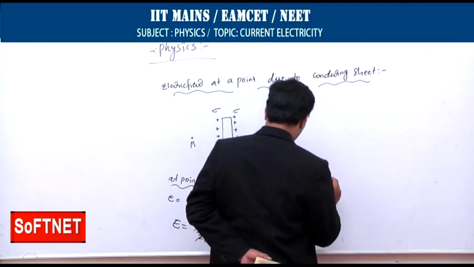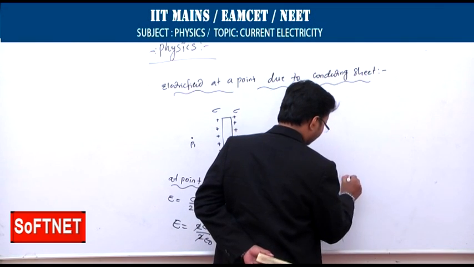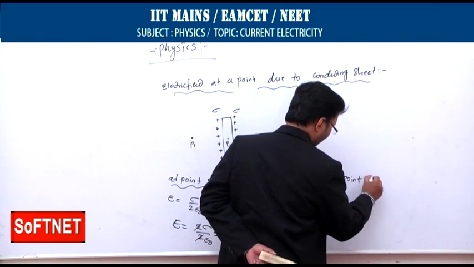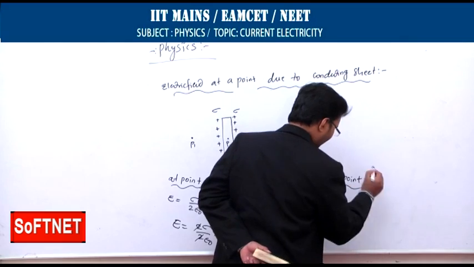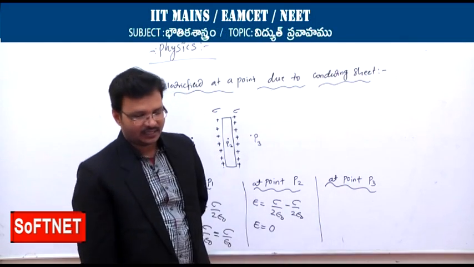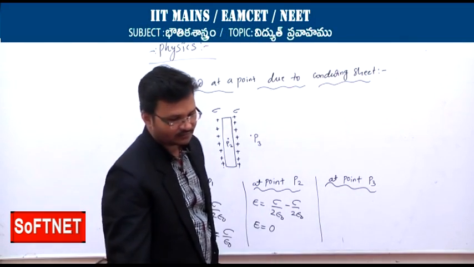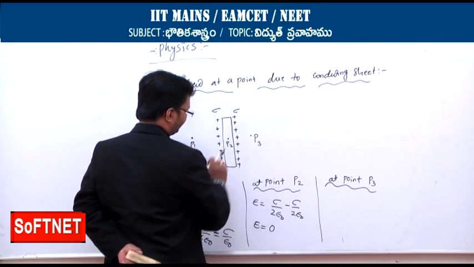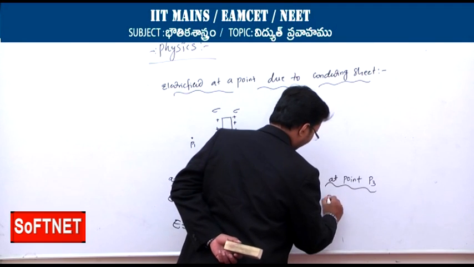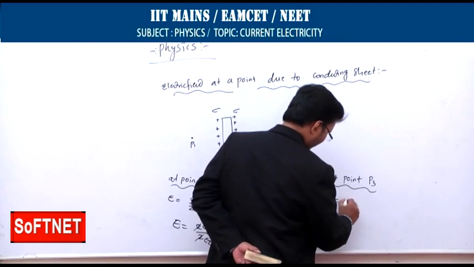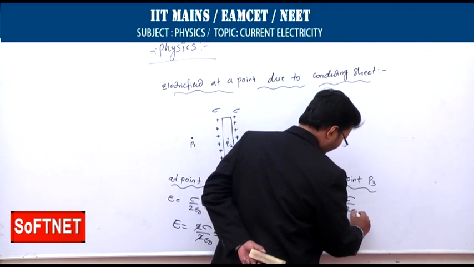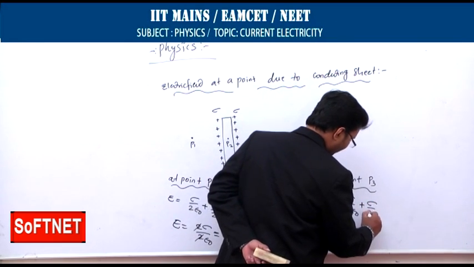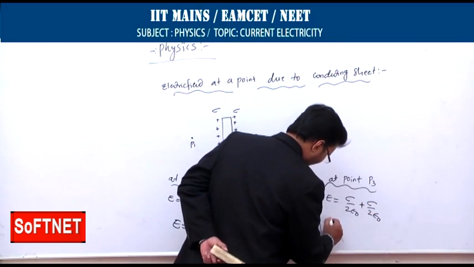And coming to point P3, point P3 is on the right side of this one and the right side of this one also. So, E is equal to sigma by 2 epsilon naught plus sigma by 2 epsilon naught.